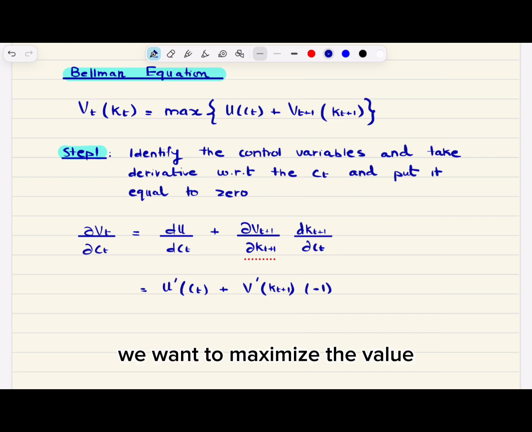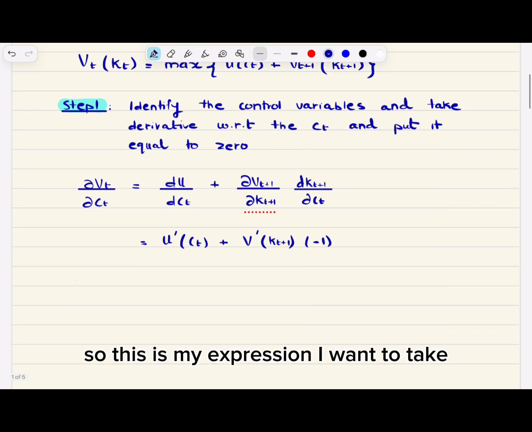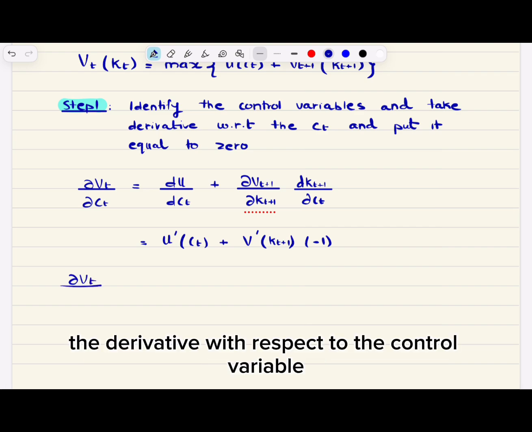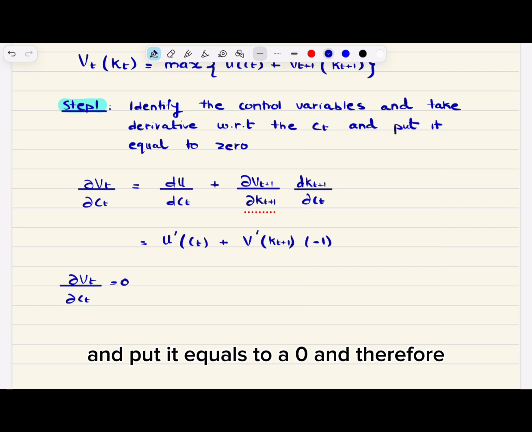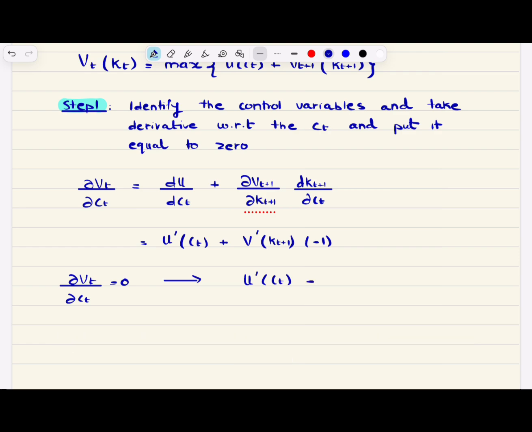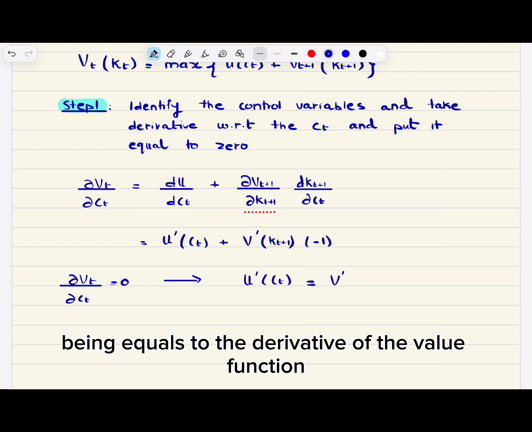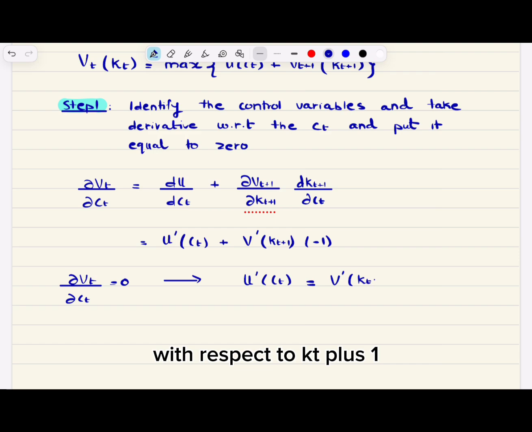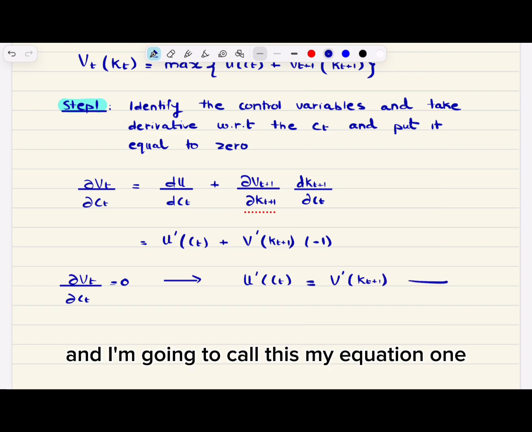Since we want to maximize the value with respect to the control variable, I put this equal to 0. Therefore I'll have the derivative of utility with respect to c t being equal to the derivative of the value function with respect to k t plus 1, and I'm going to call this my equation 1.